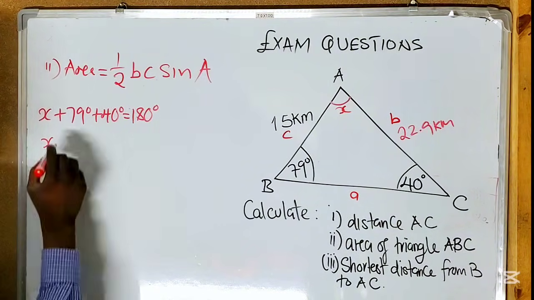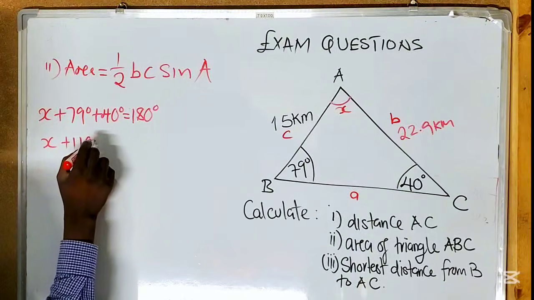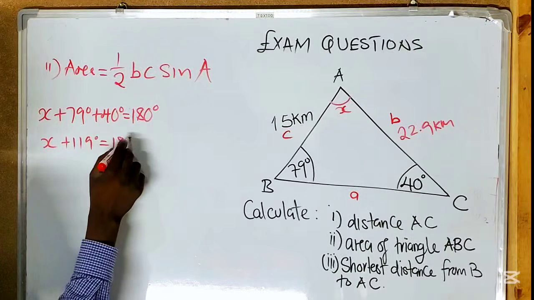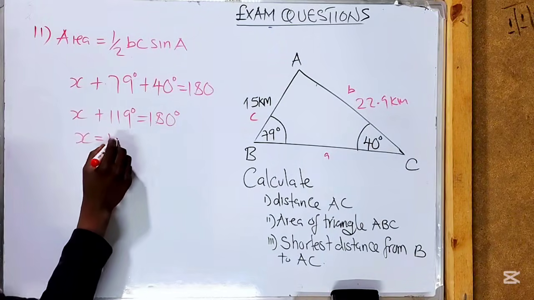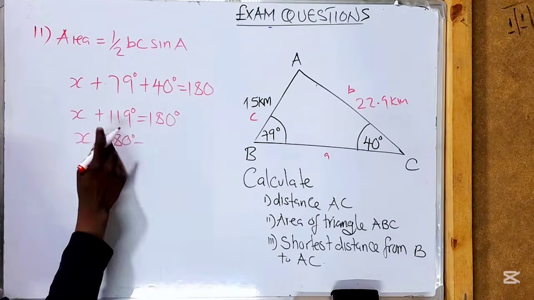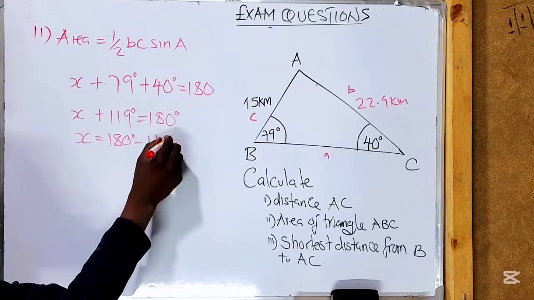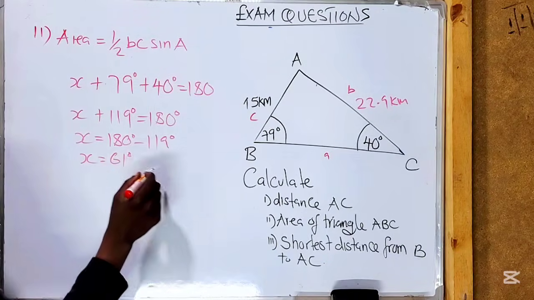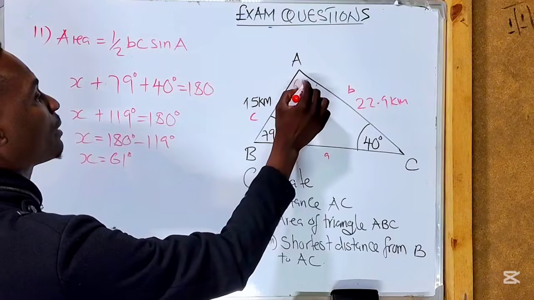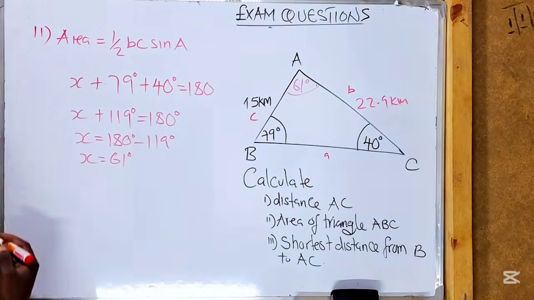Don't waste the time. This is paper 2. Don't just use calculator. 180 degrees. Okay, to solve for X here, we're going to say 180 minus 119. So X is equal to 61 degrees. So here it is 61 what? Degrees.